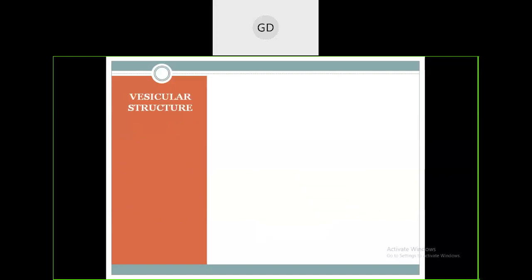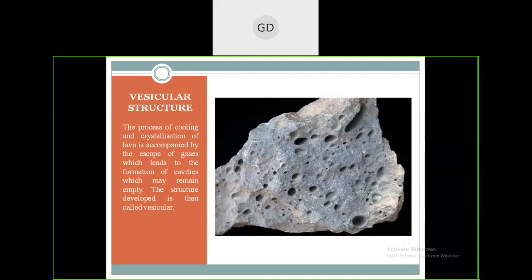Next one is your vesicular structure. So what happens in your vesicular structure? You can see the photograph of this rock. This lava is very rich in gases when it erupts from the volcano, and during the cooling and crystallization process, these gases escape.